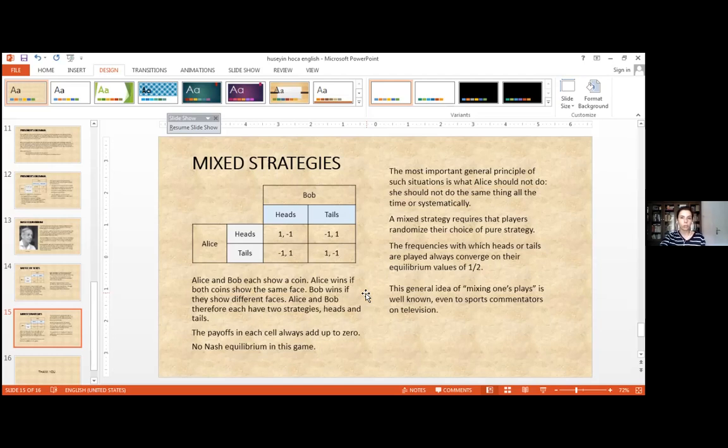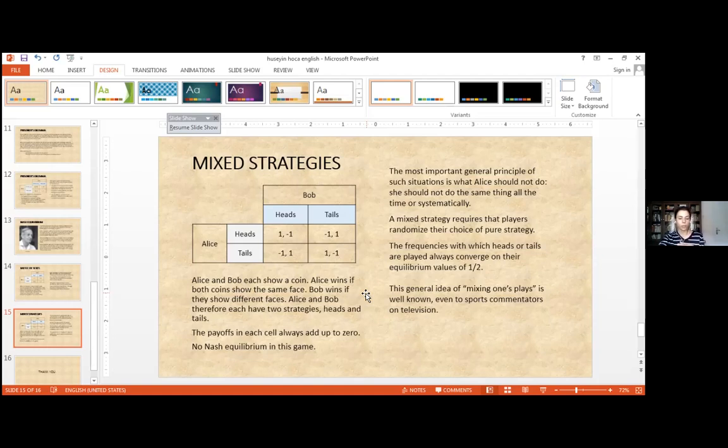She shouldn't do the same thing systematically. This is called a mixed strategy. Players need to randomize their choices of pure strategies. As you can all guess, this type of game converges to an equilibrium of 1/2.